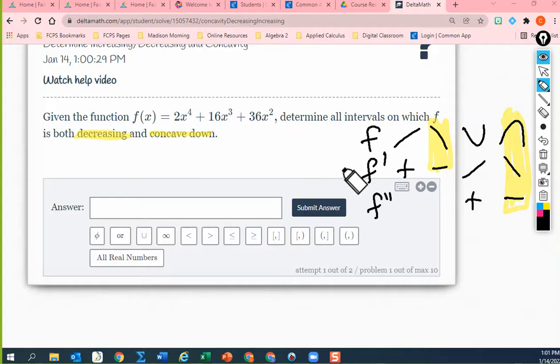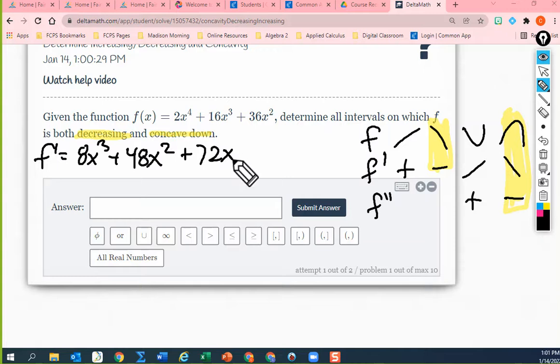Okay, so I need to find the f prime number line. All right, so f prime equals 8x cubed plus 48x squared plus 72x.